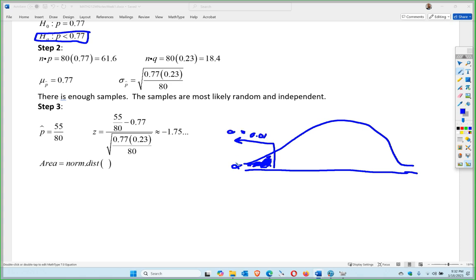Okay? So there's only one of two things that are true. Either my area will be out here or in here essentially, right? So if it's in here, that means it has less area than 0.01. If it's out here, it has more area than 0.01. If you have more area, right, the p-value is greater. So it's either this p or this p.